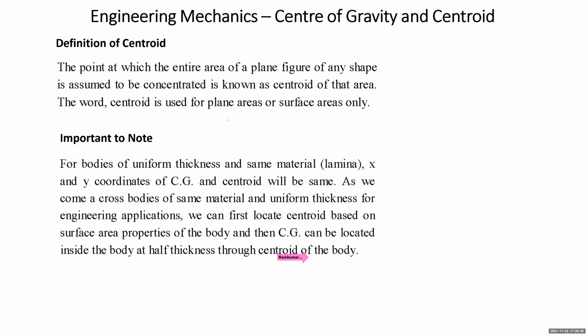So the x and y coordinates of CG and centroid will be the same. Still we can find the CG of the body without knowing its material, so we don't need to use the mass-based CG formula. We can use the area-based centroid formula, and it will serve our purpose in engineering studies.